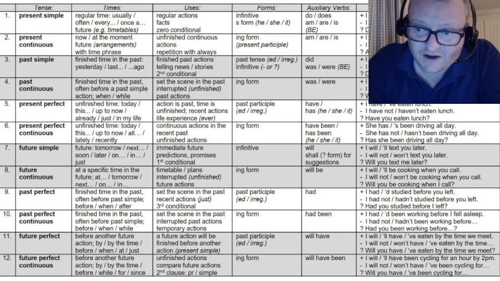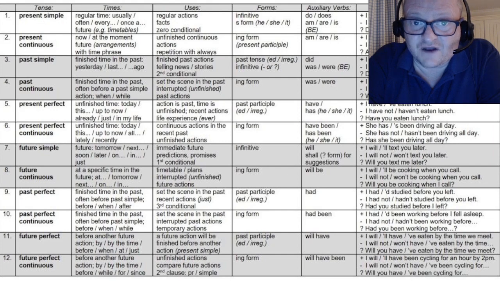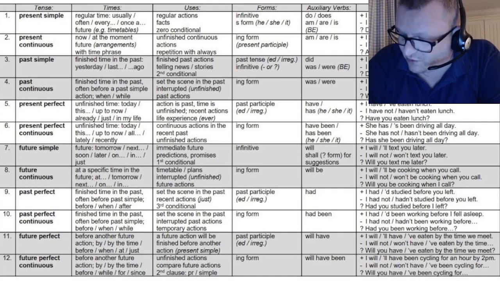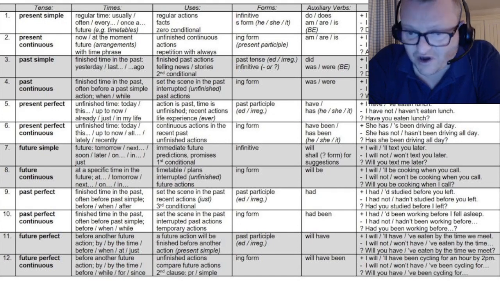No. Then okay, let's go for lunch. Maybe we can go and have lunch together. Yeah, why not? Making arrangements in the future. We're imagining what we will have accomplished, what we will have done.